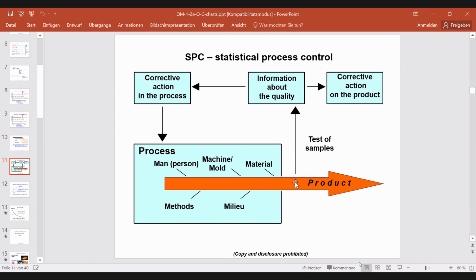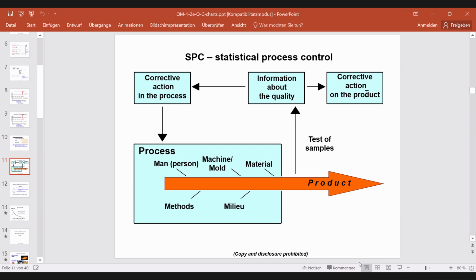Now they take samples out of the process, they get measurements of the samples, so they get information about the quality. And if the quality is okay, then everything is good, everything is fine. And if it's not okay, they have to perform corrective action in the process. They have to stop the process and do corrective action.